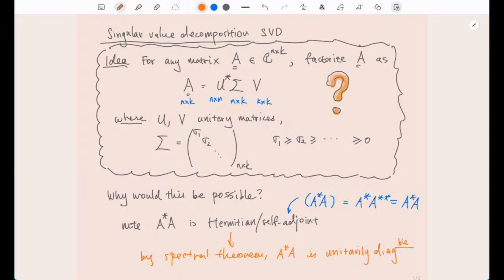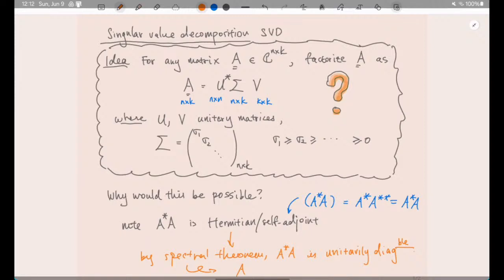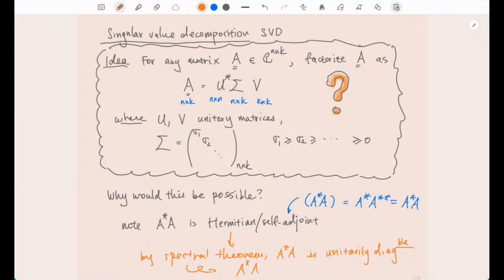Okay. So what does that mean? That means that A star A should be equal to some U D U star.